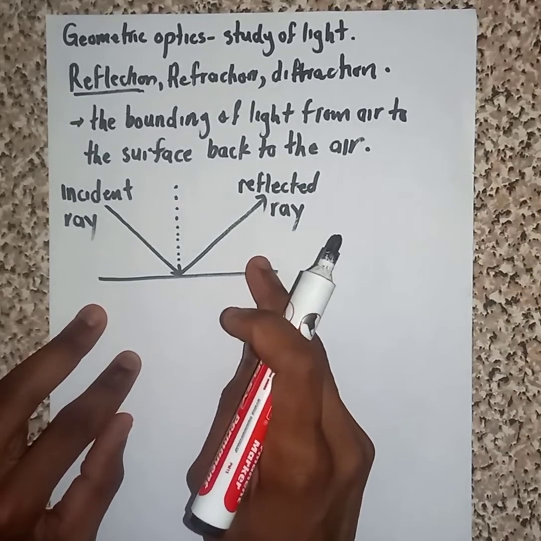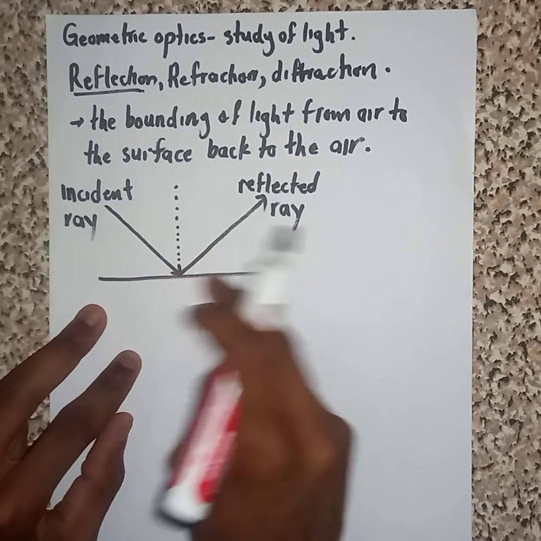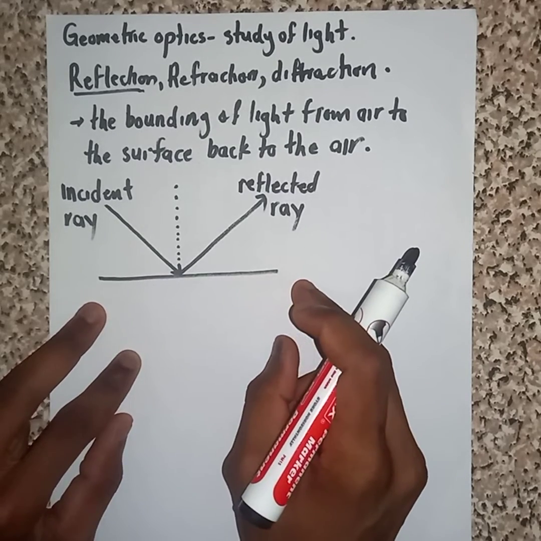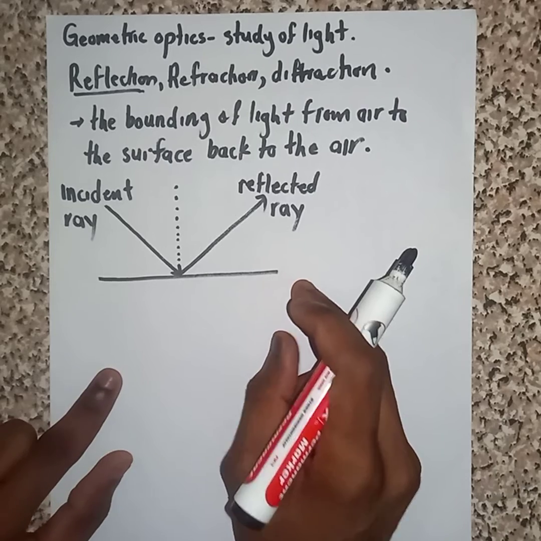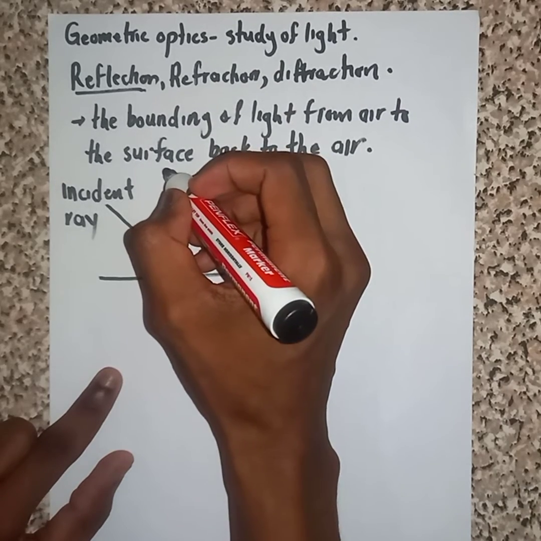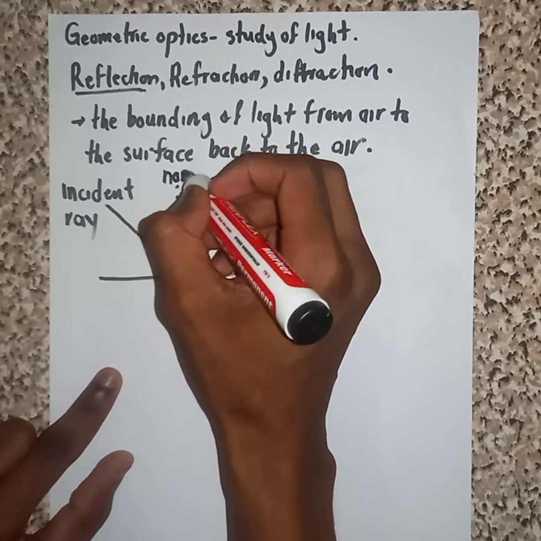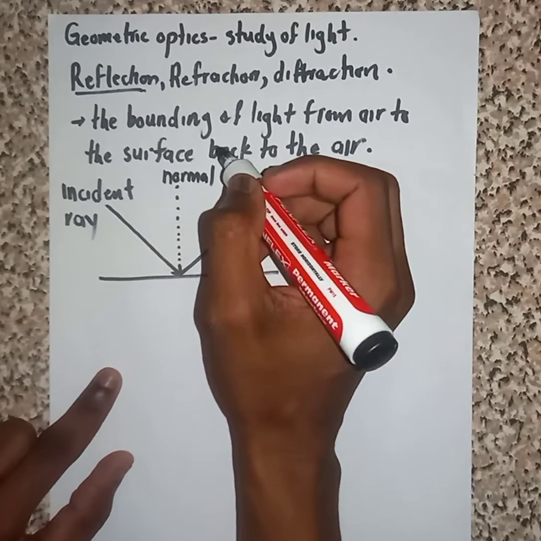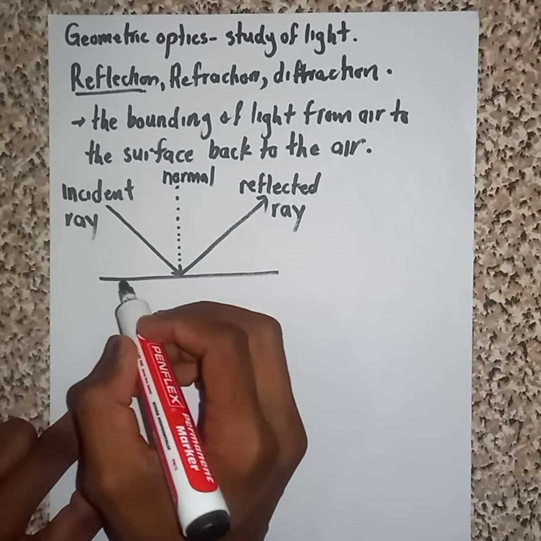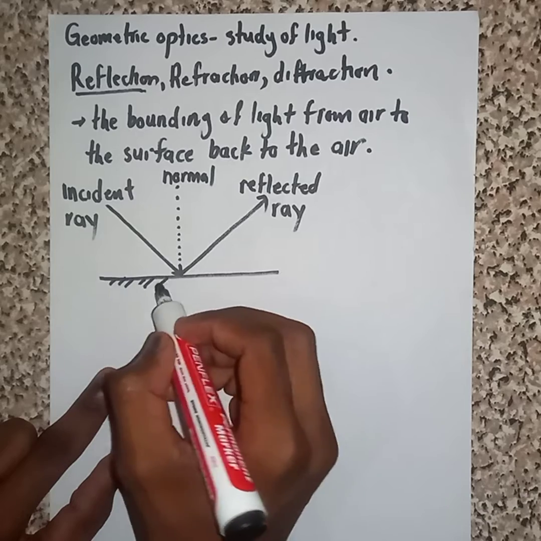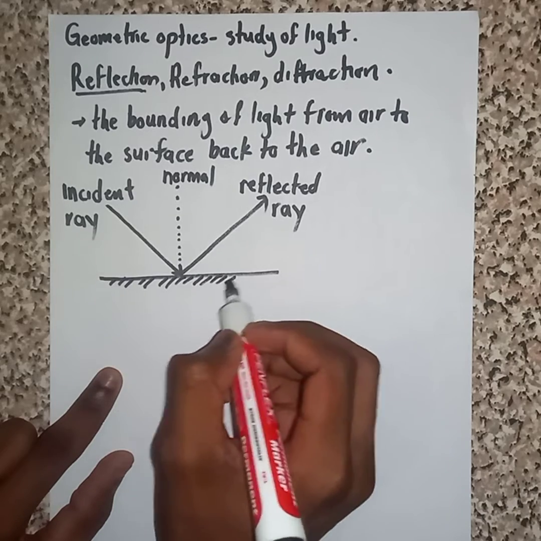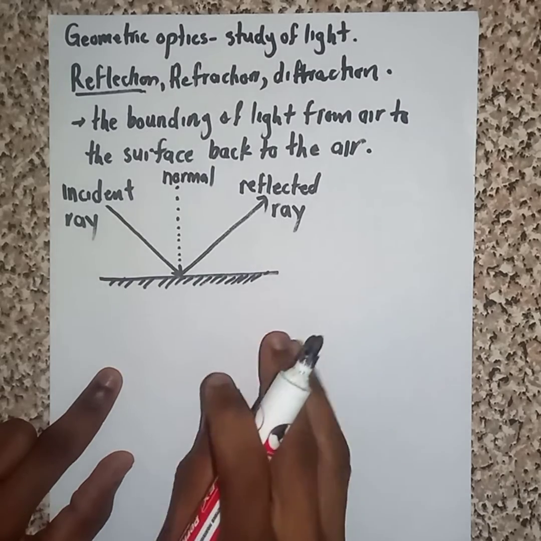A ray of light that bounces back from the surface of the metal. Also we have the normal. The normal is always perpendicular to the surface. Let's say the surface of the mirror here.